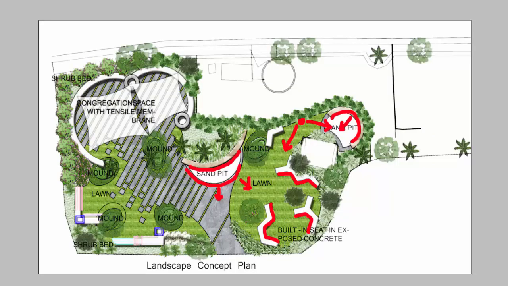So either I will create a moonlight effect if this tree has lots of branch to highlight this area, or I will just add uplighters on this side to highlight this tree, and also uplighters here to highlight this tree. So there will be a vertical illumination or vertical view. So this space is well lit enough for the people to just sit and relax.